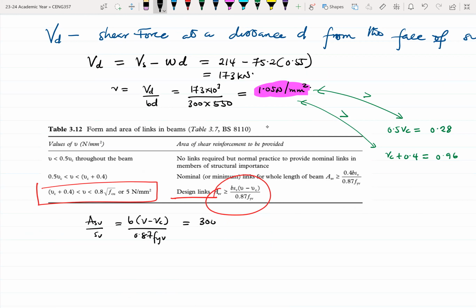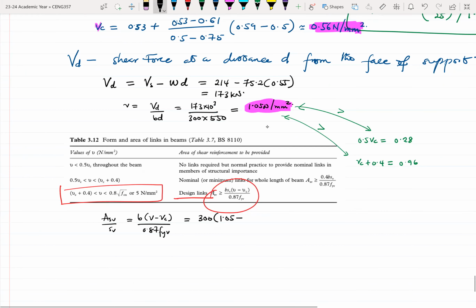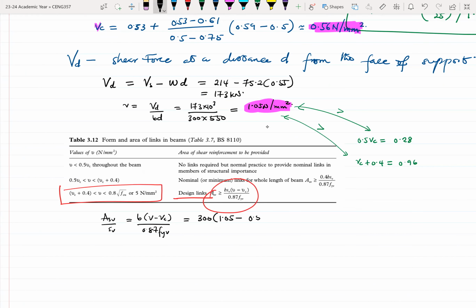So our B is 300, our V is 1.05, our VC is 0.56, divided by 0.87. And our FYV is the same as the one we had, 460. So we put that over here, and this should give us 0.68. So ASV over SV is equal to 0.68.